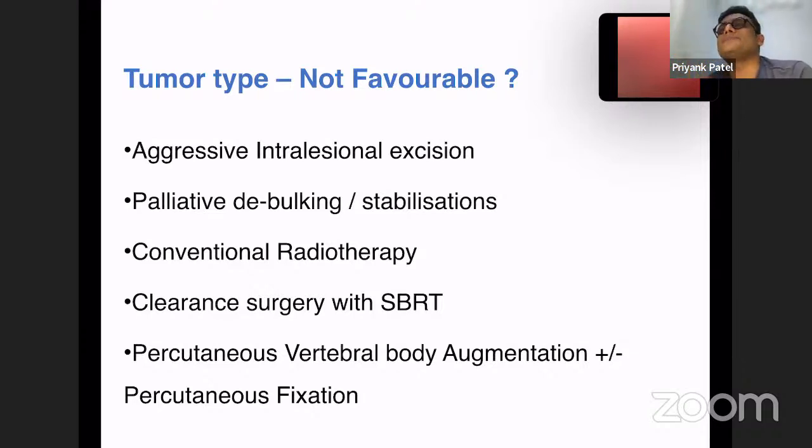Then there is something called palliative debulking. Palliative debulking is basically you just remove the tumor which is pressing on the cord, stabilize the spine so that neurological deficit is not there, and let the oncologist and radiologist take care of it. Not all tumors require surgery.